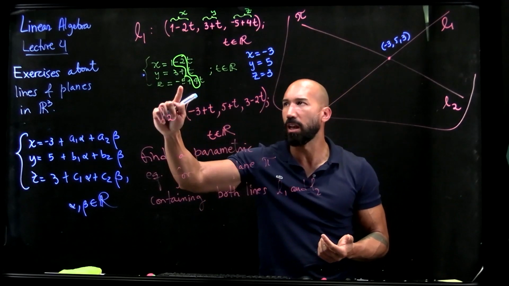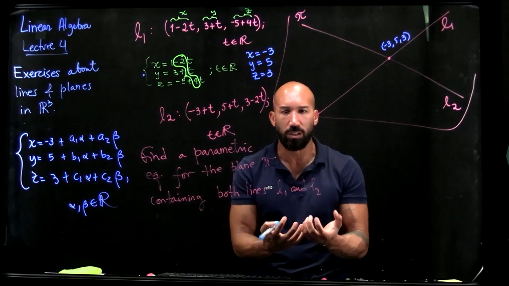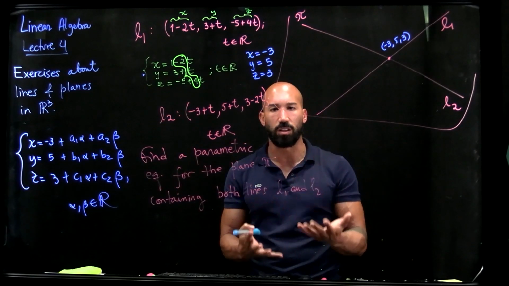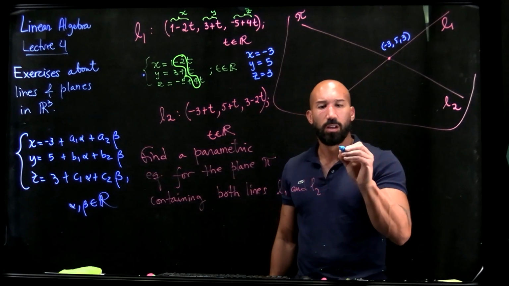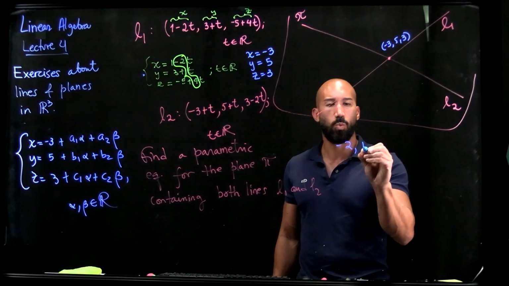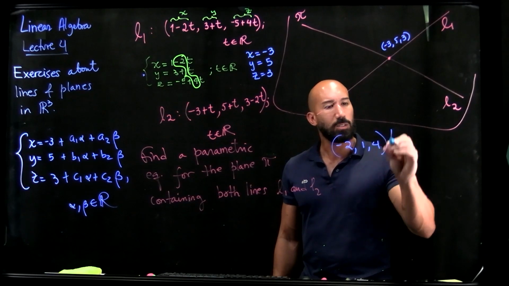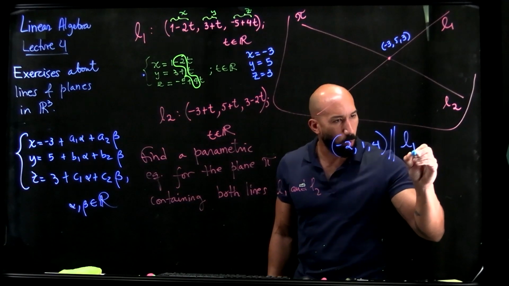Here we put a point on the line, and here we put the components of a vector that is parallel to the line. So we know that (-2, 1, 4) is parallel to the line L1.